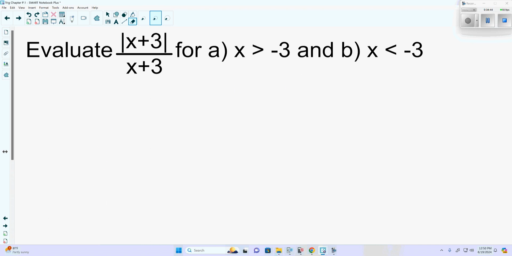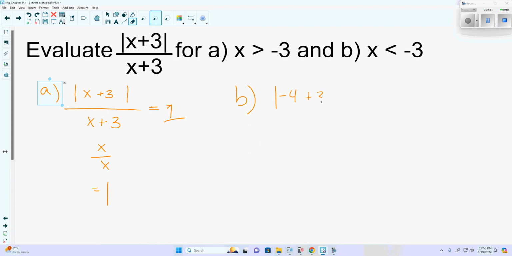Negative 4 plus 3 over negative 4 plus 3 would just be the absolute value of negative 1 over negative 1. So it just works out to be negative 1.